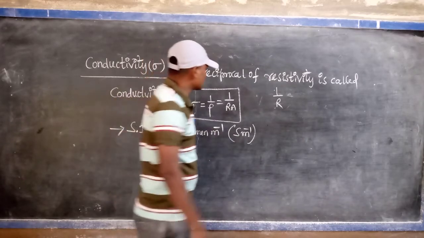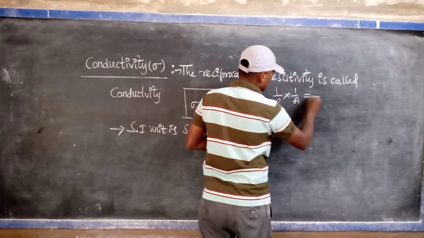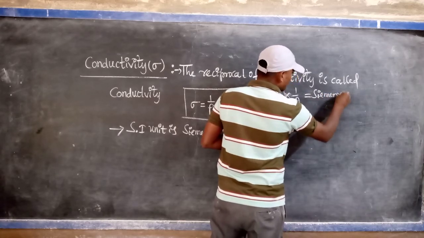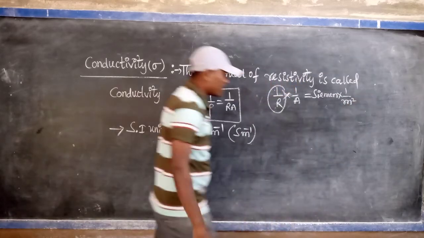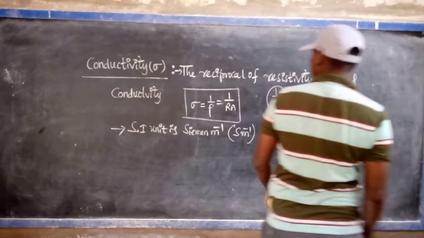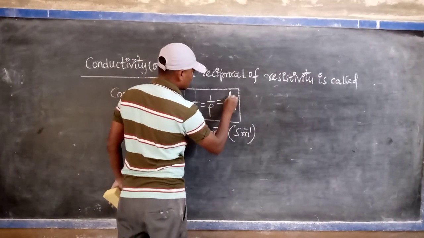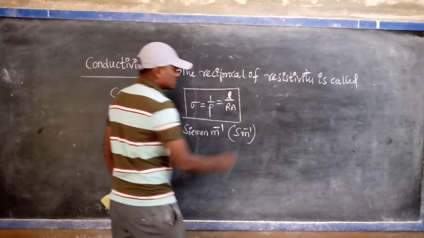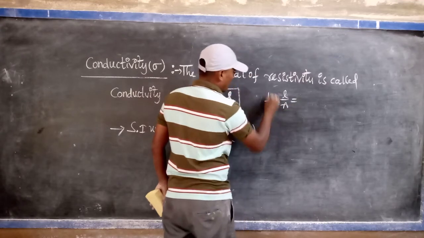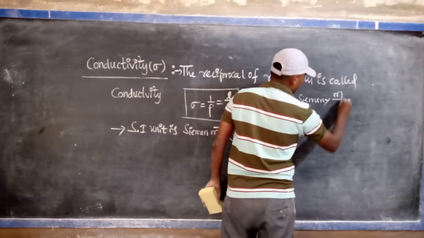Siemens. So sigma is 1 upon R into L upon A, sorry, L upon A. 1 upon R is Siemens, into L upon A. L is meter, area is meter square.